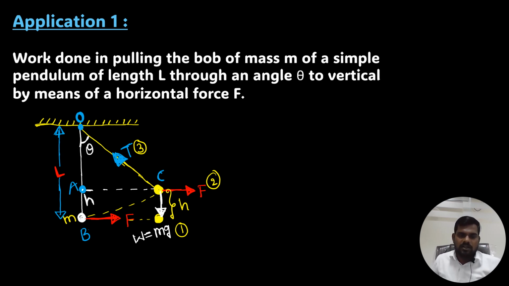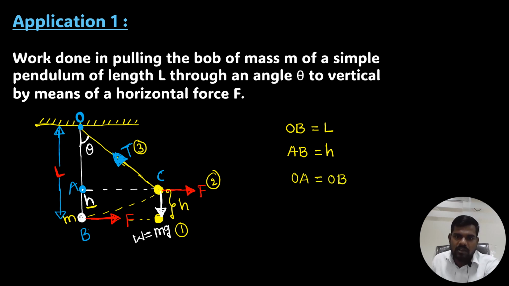Okay, right. Before going to this, see, the total length is L, and the AB distance is H in this case. OB distance is L, but I want the OA distance. How to find it? Here the OB distance is given as capital L, and the AB distance I consider as H. Then OA is equal to the total distance, OB minus AB.